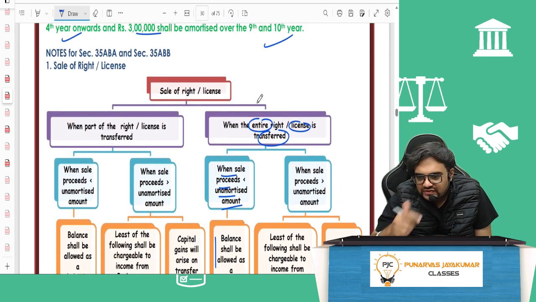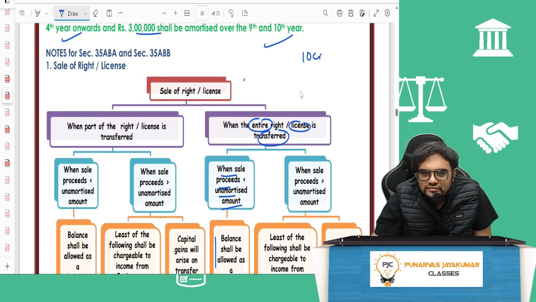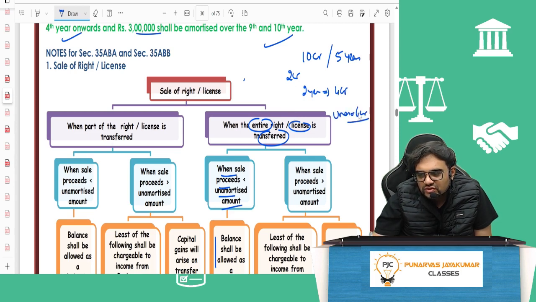Right? So let's say there was a license of 10 crore to be amortized over 5 years, every year 2 crore. 2 years are over. What is the amortized amount? 4 crore. What is the unamortized amount still? 6 crore.